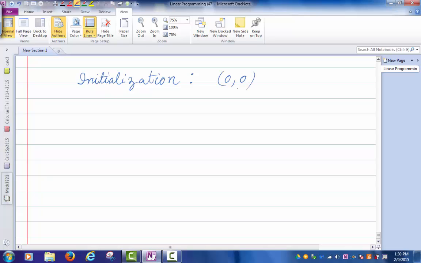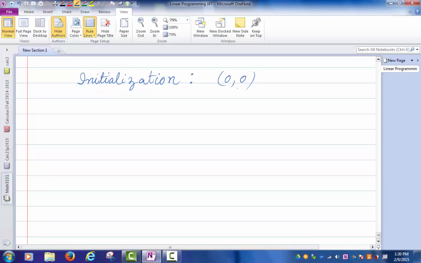If it is 3-space, we start with the origin of 3-space. If it is n-space, we start with the origin of the n-space. So that's the initialization step. We're going to see later what happens if that's not a feasible vertex.